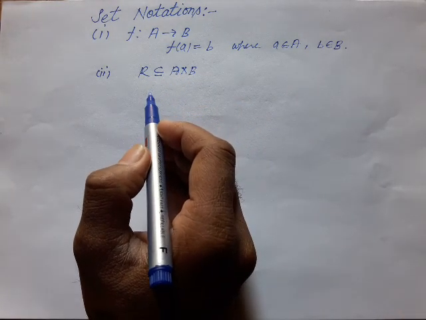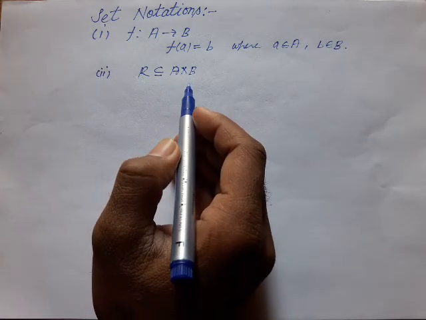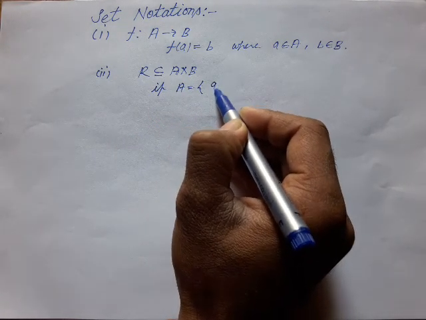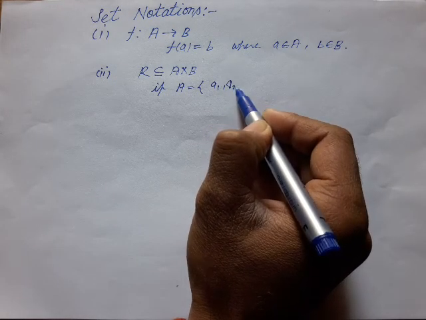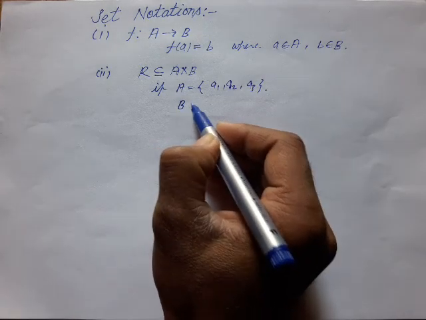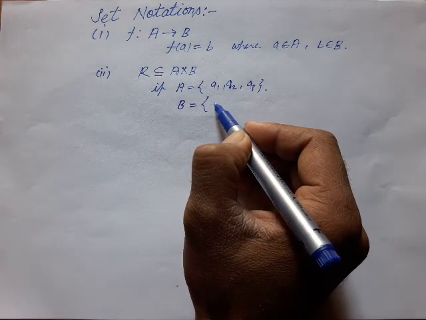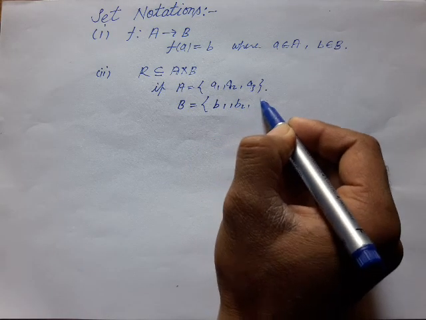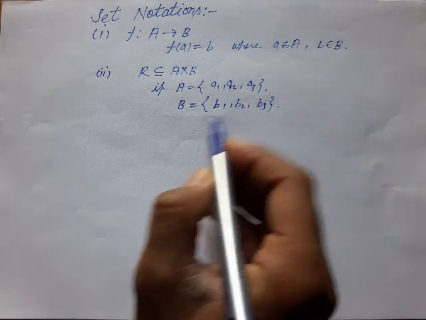So how do we define this mapping in terms of ordered pairs? Suppose we have a set A having elements a1, a2 and a3, and another set B having elements b1, b2, b3.